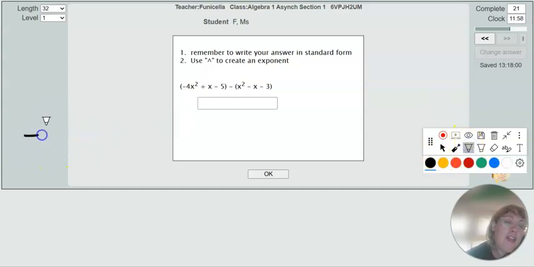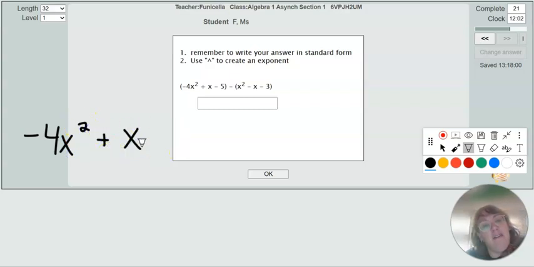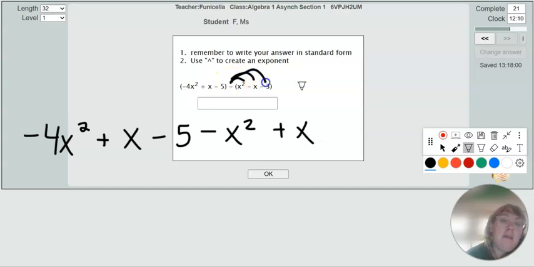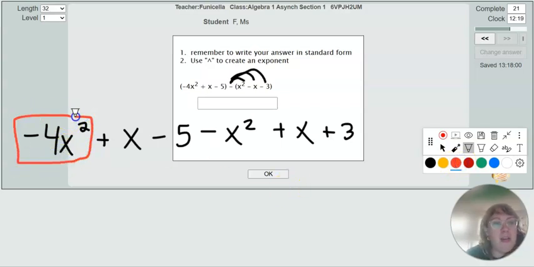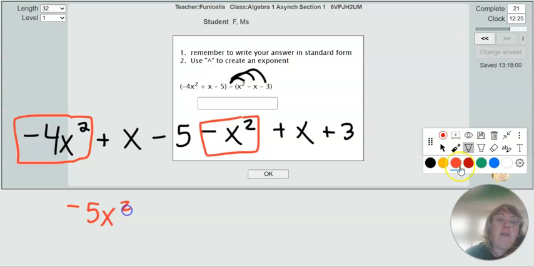Alrighty, this is subtraction again. We're really getting some solid practice here. Negative 4x squared plus x minus 5 minus an x squared minus a negative x becomes plus x minus a negative 3 becomes plus 3. Negative 4x squared minus 1x squared. Negative 4 minus 1 is a negative 5x squared.